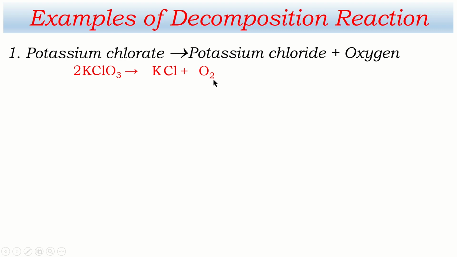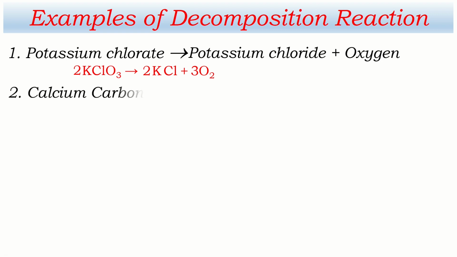Here it is only 2. If we take 3 here, then 3 times 2 is 6. Oxygen is balanced. Now it is the turn of chlorine. Chlorine here 1, here it is 2. So if we take 2 here, then chlorine is balanced and potassium becomes 2, and here also we have 2 potassium atoms. Now this is the balanced chemical equation.